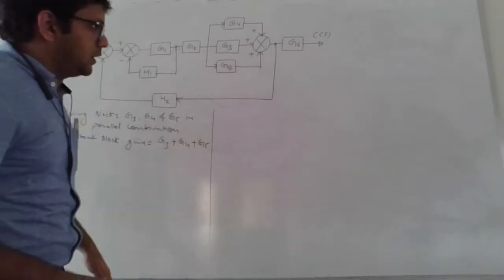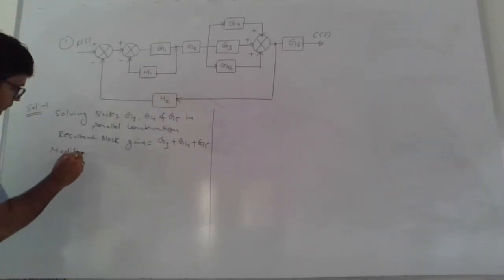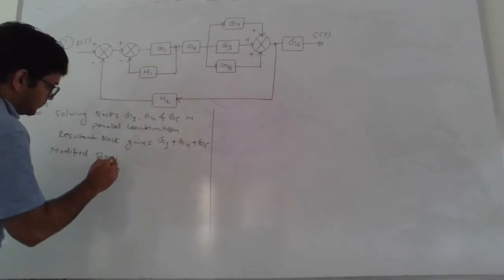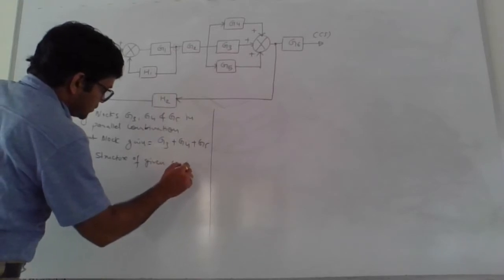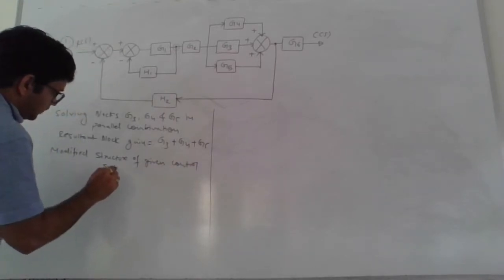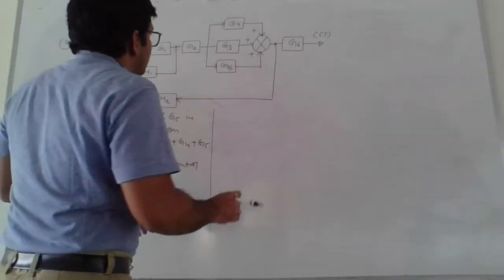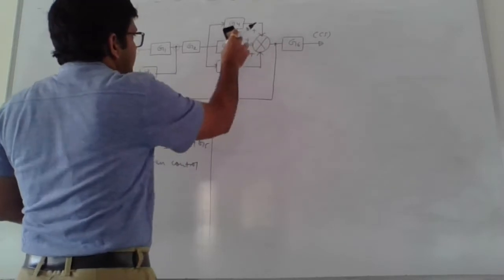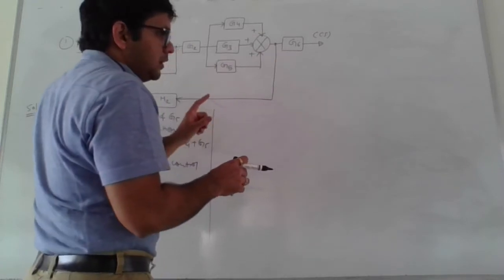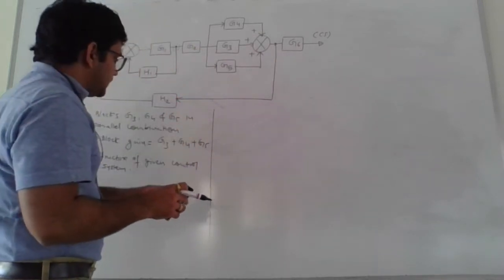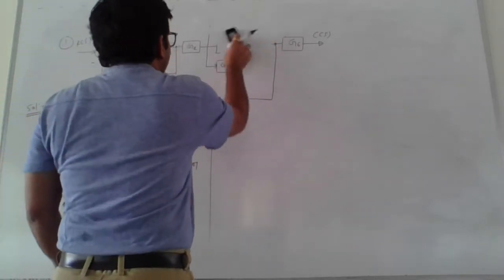So the modified structure of the given control system is given by, what will be the modified structure? Here we need to rub this out, and instead of indicating these three blocks which are in parallel, we are going to represent them by a single block with a gain exactly equal to G3 plus G4 plus G5. So I am modifying the structure over here itself.